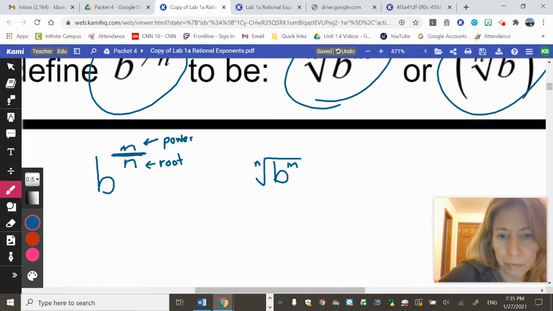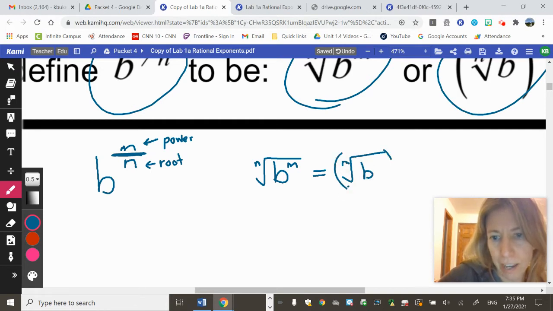In this fashion, the exponent would be done first and then the root, but the order really doesn't matter. We could actually do the root of b first, and then take that to the m power. So the order doesn't matter.